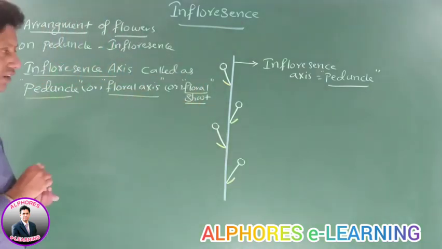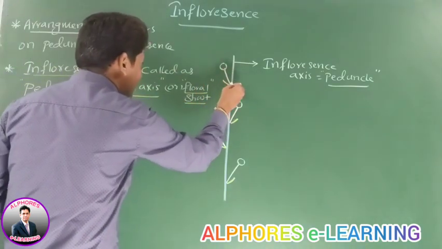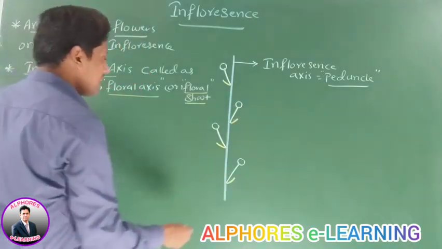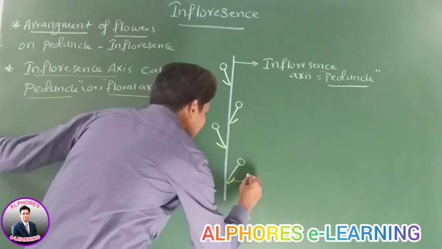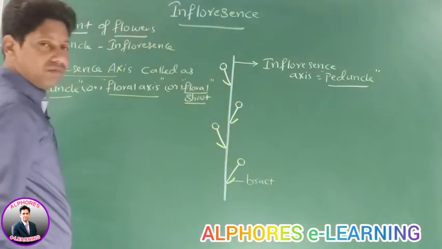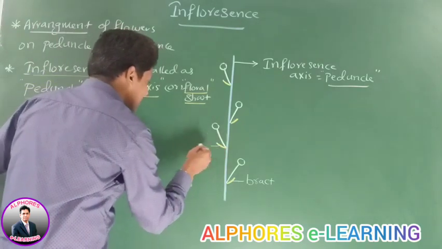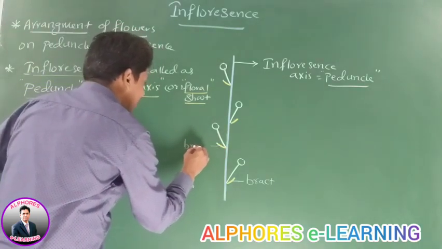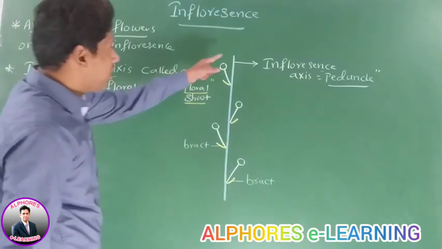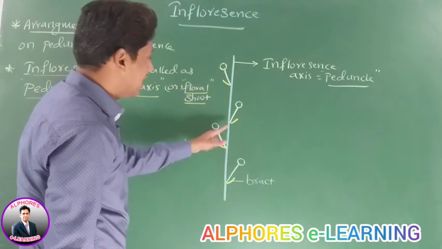Is it okay? What is this one? This is a peduncle. What are these small leaf-like structures called? They are called bracts. Therefore, on the peduncle, bracts are present.